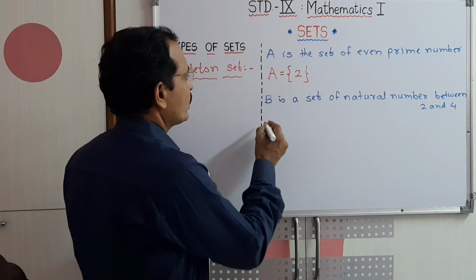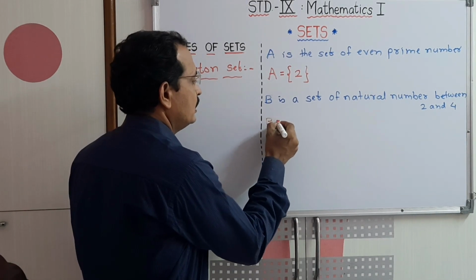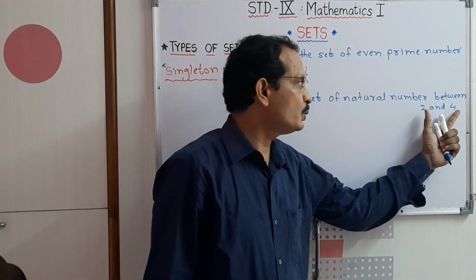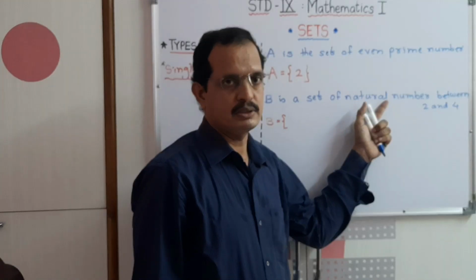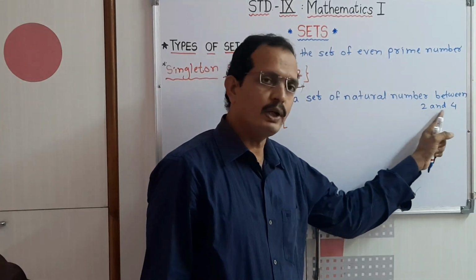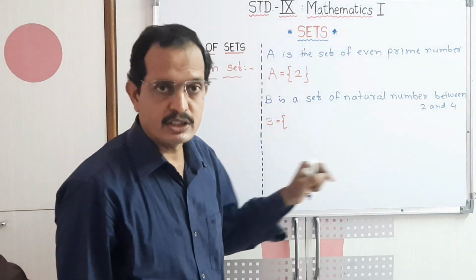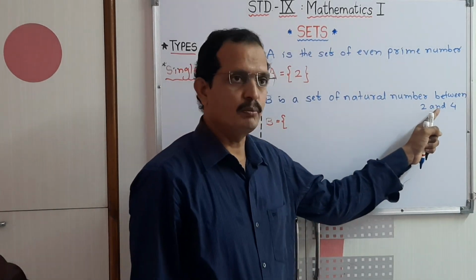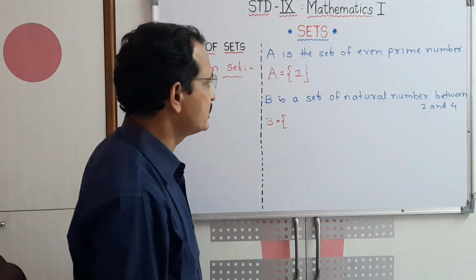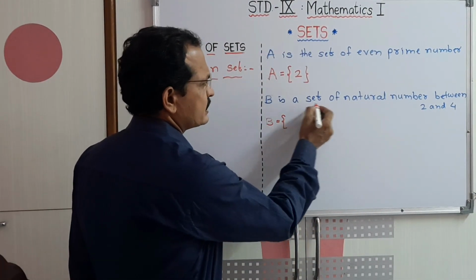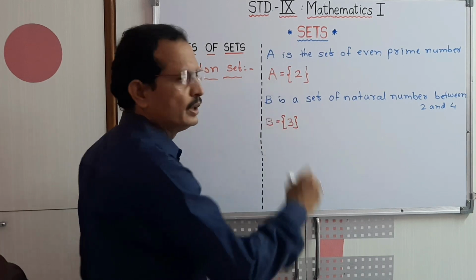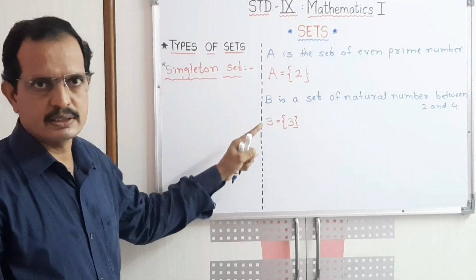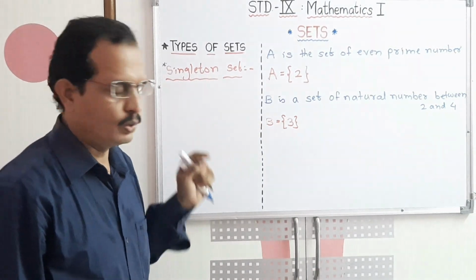Now I want to write this set in list method. Now tell me, which are the numbers between 2 and 4 that are natural numbers? There is one natural number between 2 and 4, which is 3, and therefore this set is also called a singleton set, because this set consists of one element only.